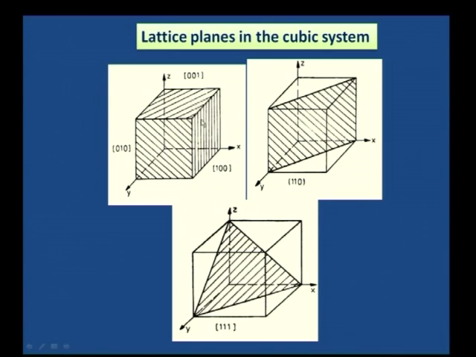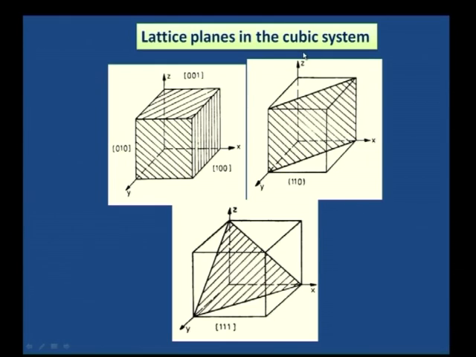I am referring to a plane which has made an intersection at 1 times a, that is 1 0 0, okay. Then you have a plane here along the z direction, it is 0 0 1. Then a plane like this will be 0 1 0, which makes an intersection along the y direction.